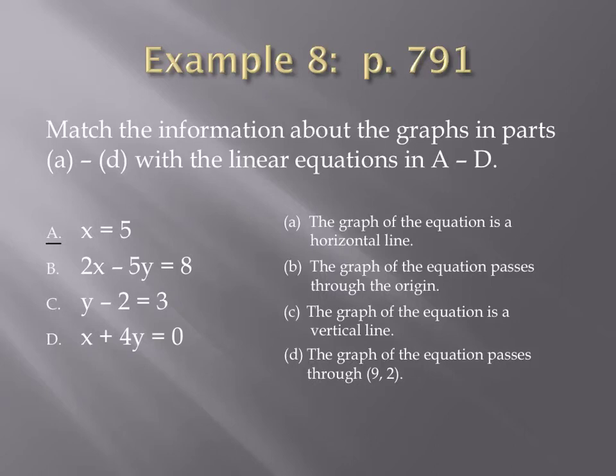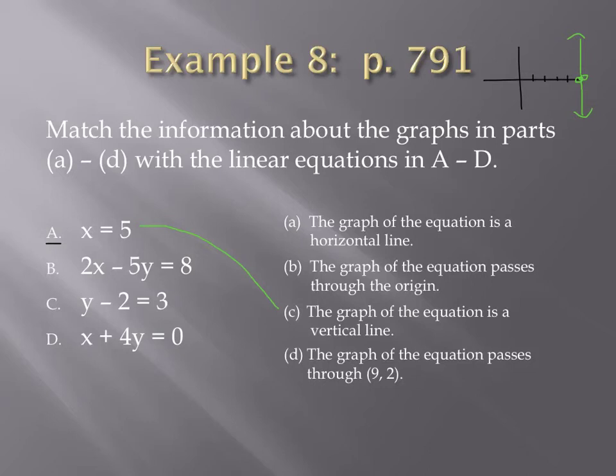This is where the x values are always at 5. So if I find 5 on the x-axis, there's 5 on the x-axis, and I'm going to draw a line straight through it. That's a vertical line. So this matches with C.